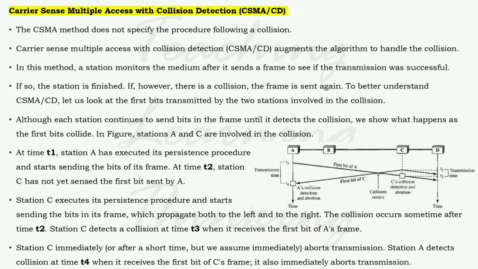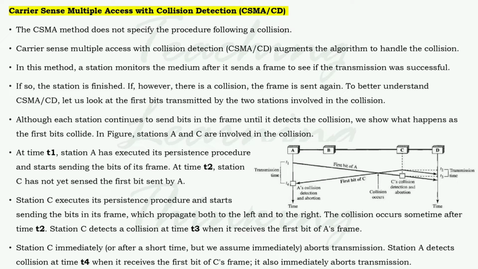We assume it is immediate, though it may take a short time. Station A detects the collision at time T4 when it receives the first bit of C's frame, and it also immediately aborts the transmission. So here A sends a bit to D and C also sends a bit to D.